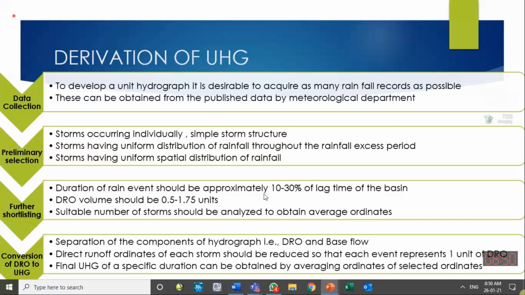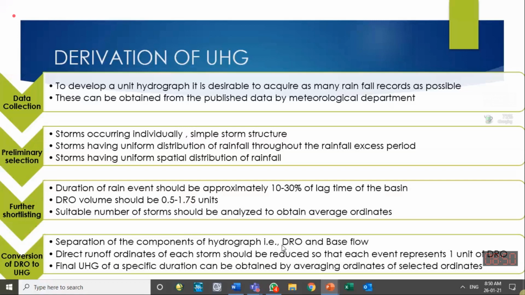The duration of the rain event should be approximately 10 to 30% of the lag time of the basin. DRO volume should be 0.5 to 1.75 units. That should be selected, and later on we will be normalizing it. A suitable number of storms should be analyzed to obtain average ordinates, so a number of storms should be taken and an average taken out of it.